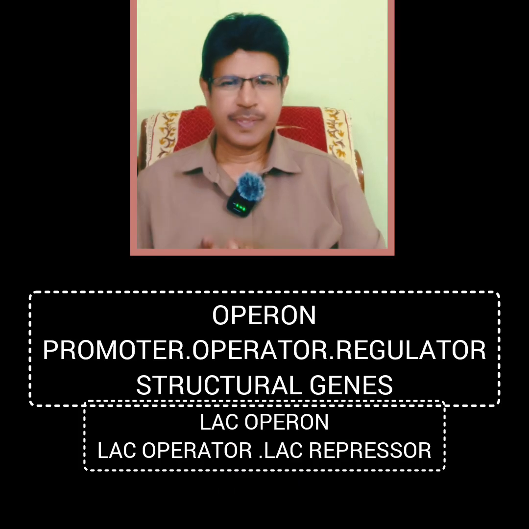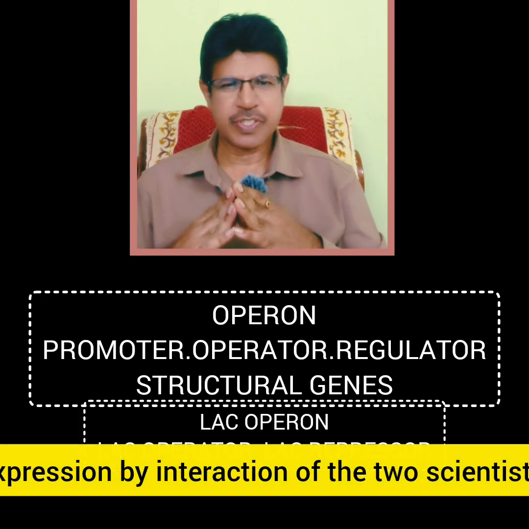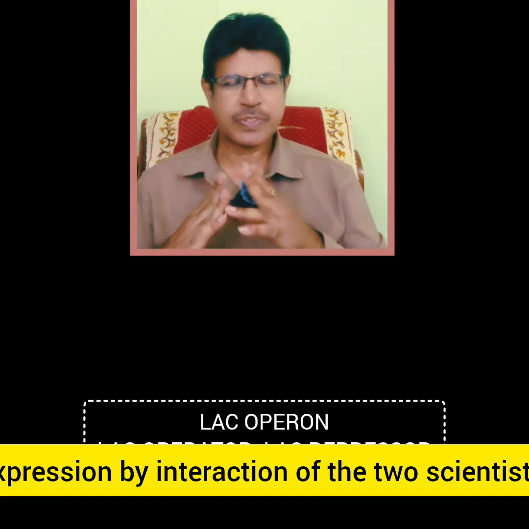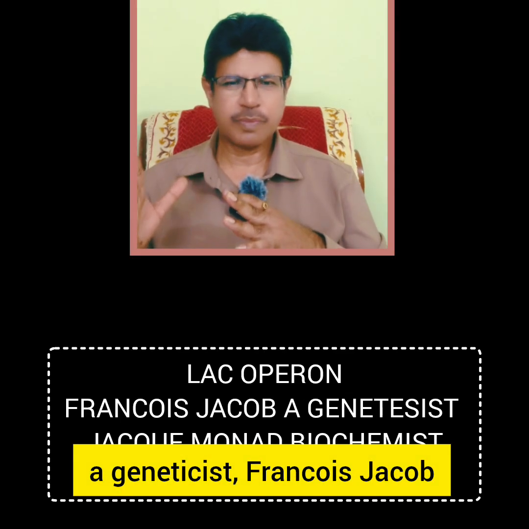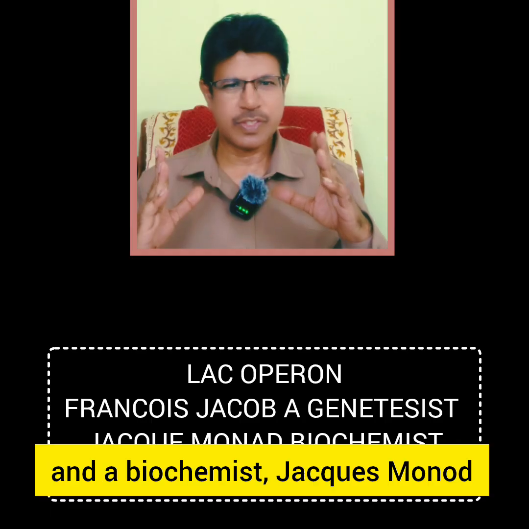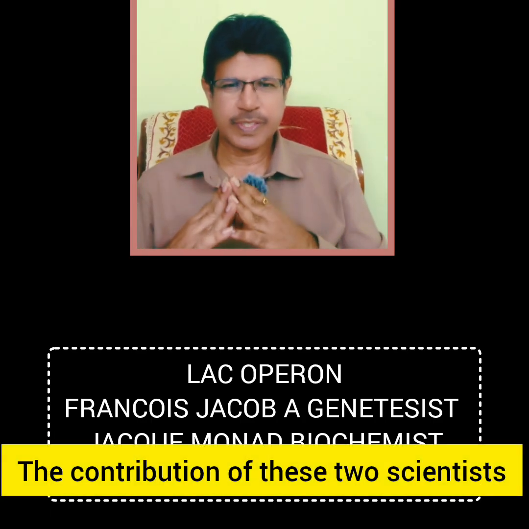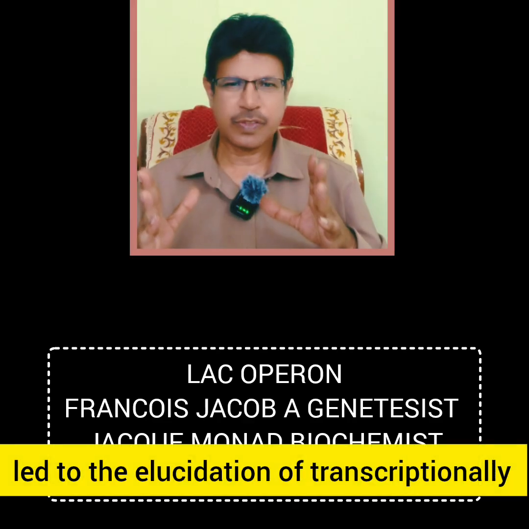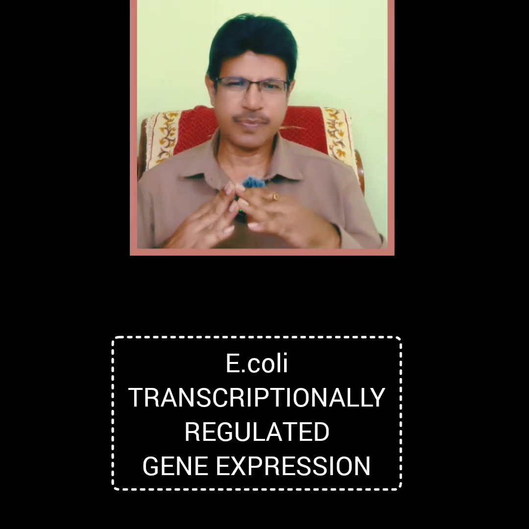The lac operon was the first transcriptionally regulated gene expression system, elucidated through the interaction of two scientists, a geneticist, Francois Jacob, and a biochemist, Jacques Monod. Their contribution led to the elucidation of transcriptionally regulated gene expression in E. coli.